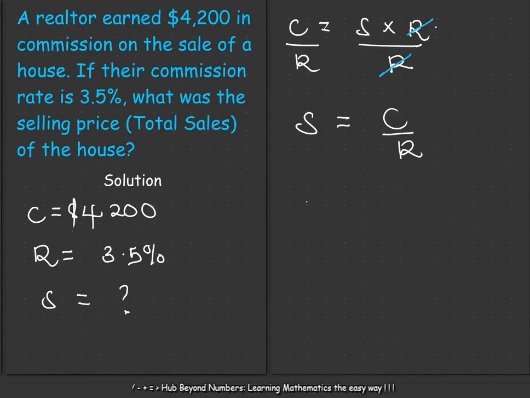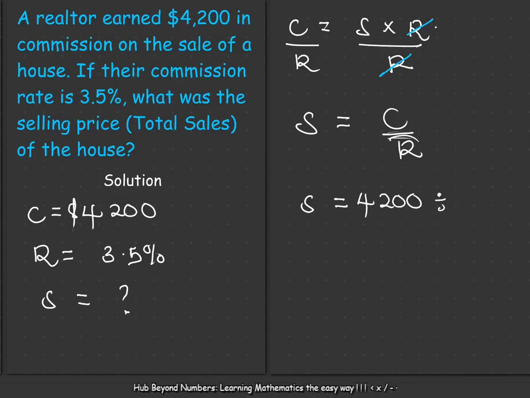So substituting, we have S being equal to C, which was the commission, 4,200, divided by our rate, which was 3.5%. So 3.5 over 100.